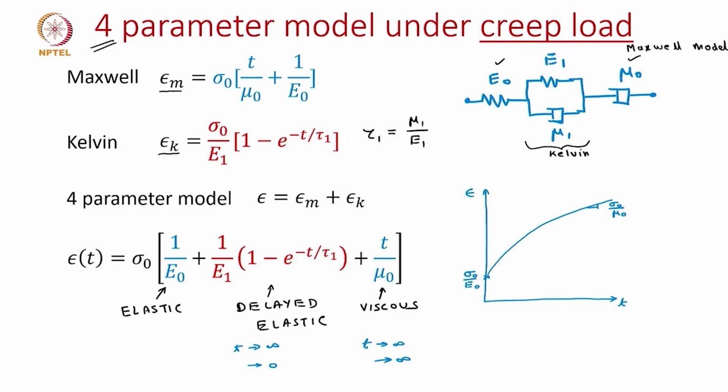So, if you think carefully, what do you think the 4 parameter model represents? Does it represent a thermoplast or a thermoset? We discussed that thermoplasts are the ones where it gives infinite strain if we keep waiting, especially for creep load. The reason is that the molecular chains can slide given enough time.